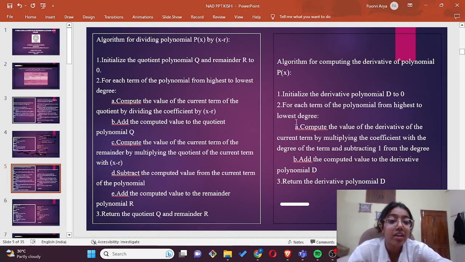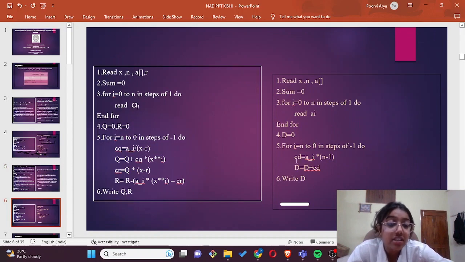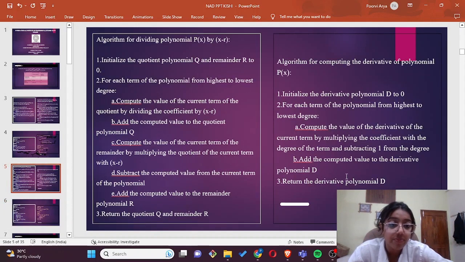equal to 0. For each term of the polynomial from highest to lowest degree, compute the value of derivative of current term by multiplying the coefficient with the degree of the term and subtracting 1 from the degree. What they have done is they have multiplied it with the coefficient n minus 1 and then stored it to the current derivative.